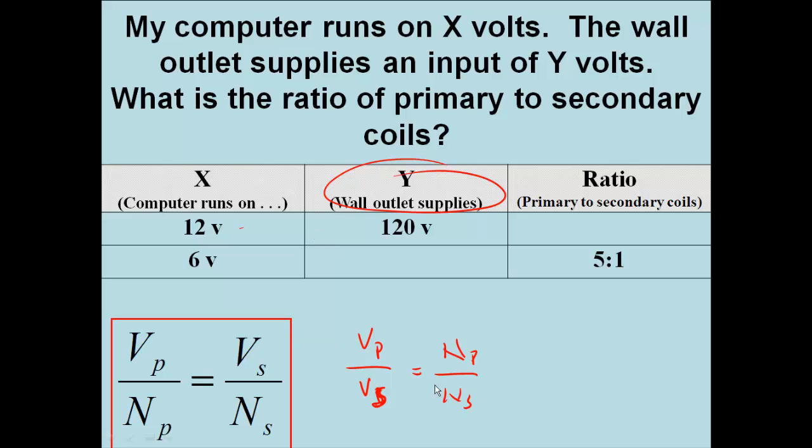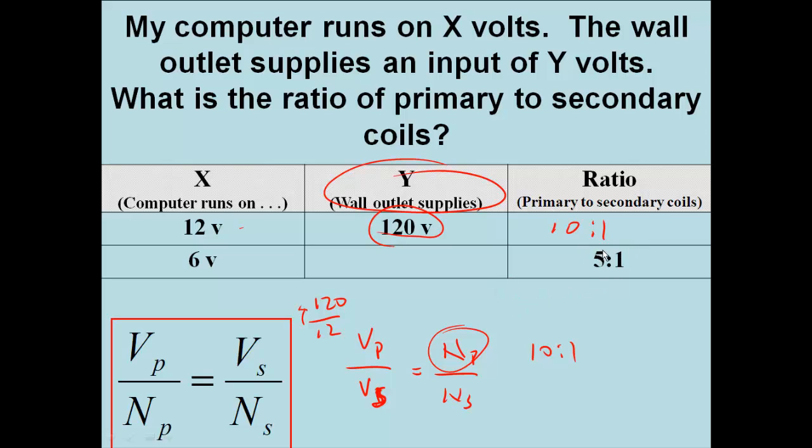Our wall outlet is our primary. So look, it's 120 to 12, and you can see that this is 10 times. Our input is 10 times greater than our output, and therefore the number of coils should be 10 times greater. So this is a 10 to 1 ratio.